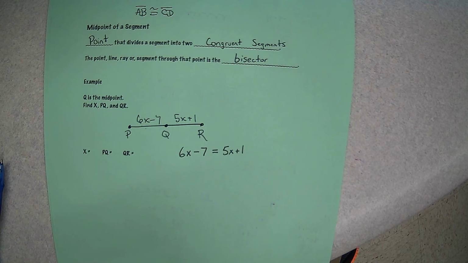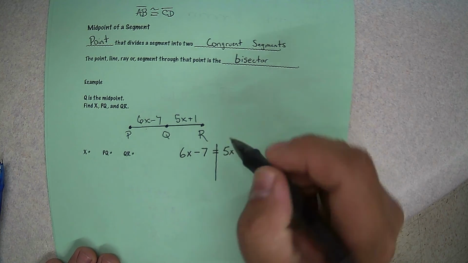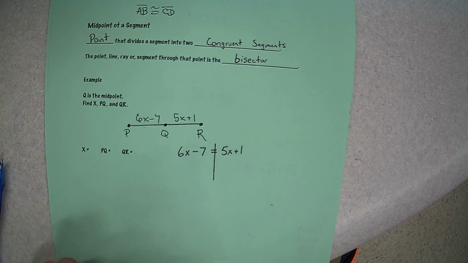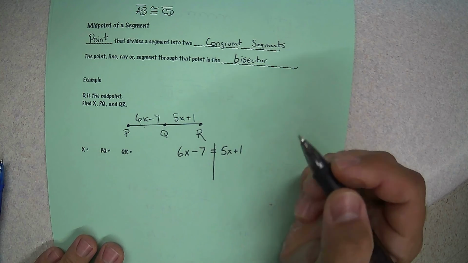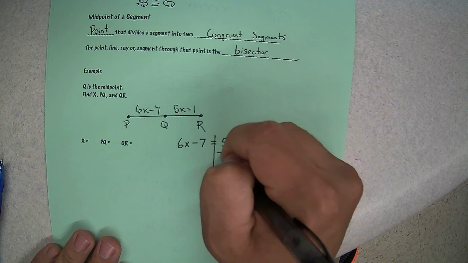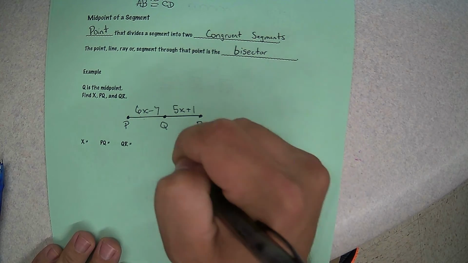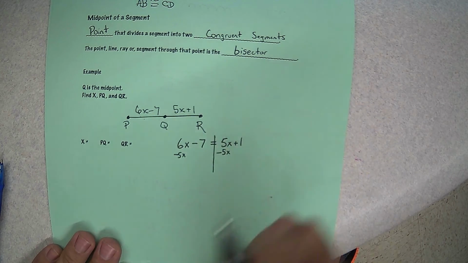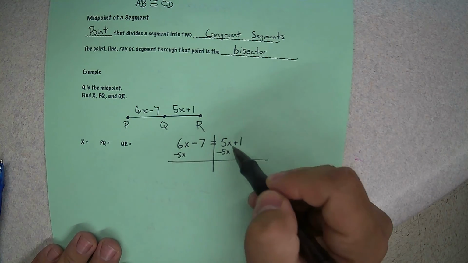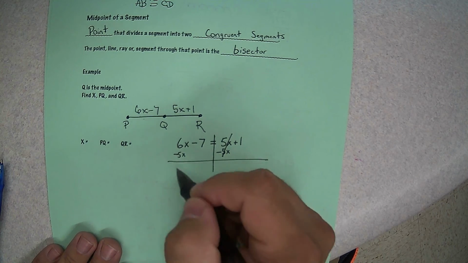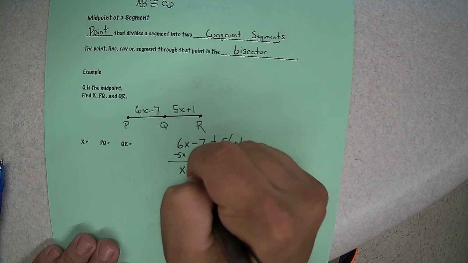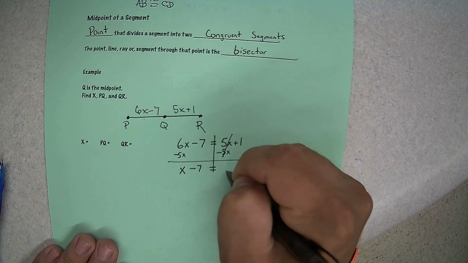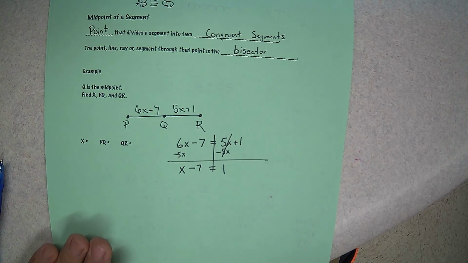In this case, because our x's are divided by the equal sign, I can't just combine them, and we have to use our opposite operations. I want to get my x's both to the same side, so I'm going to move this x over here. I'm going to subtract 5x from both sides. Those go away. 6x minus 5x is 1x, or just x. We have minus 7 equals plus 1.